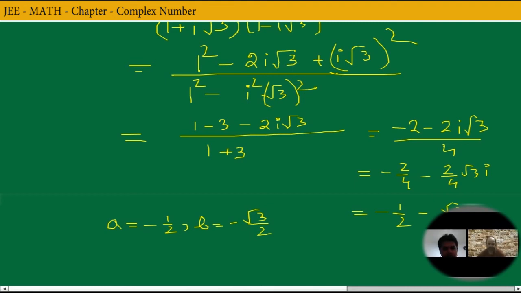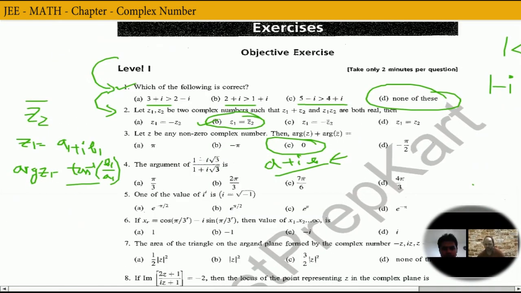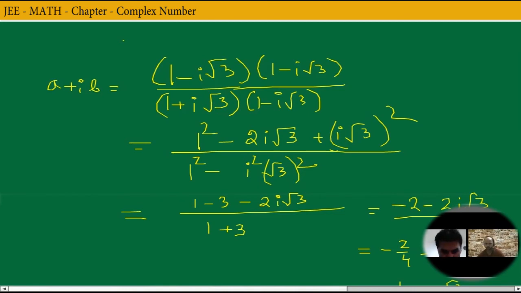Okay. So can you find it out? For this question or the worksheet? Yeah, for this question. We are discussing question number 4. So what would be the argument? Oh, okay.